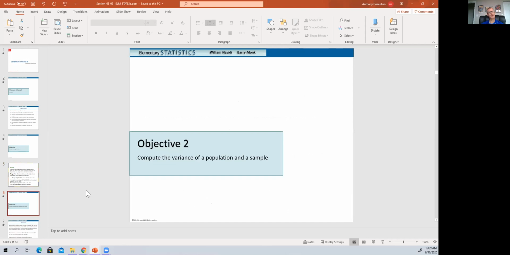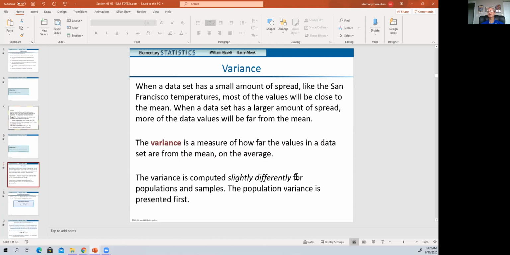This book's a little bit different, and I'm starting to get used to it, with regards to how they describe things statistically. And so this idea of variance is the idea of how far each data point is from the mean.